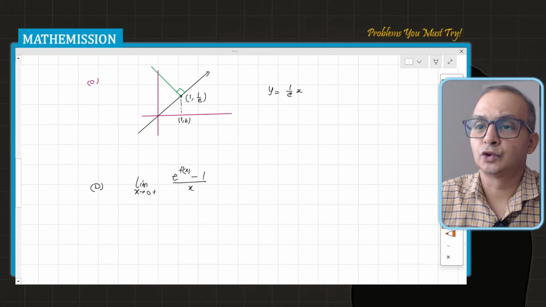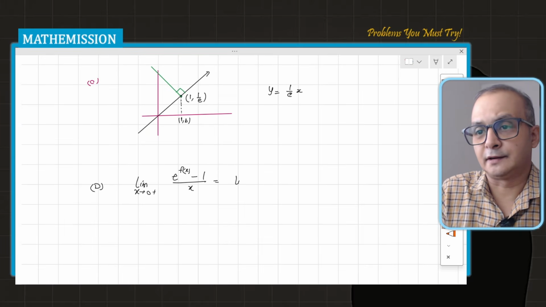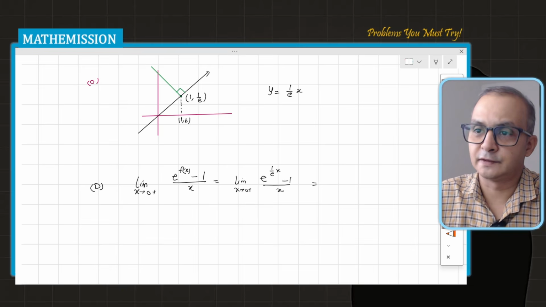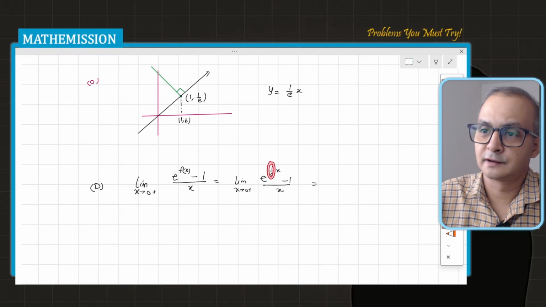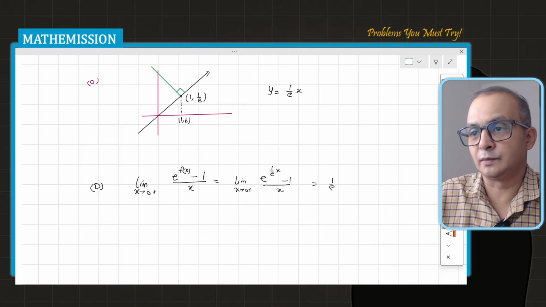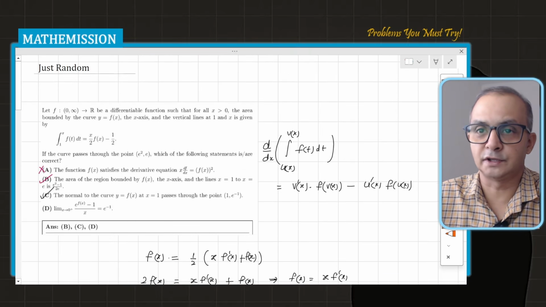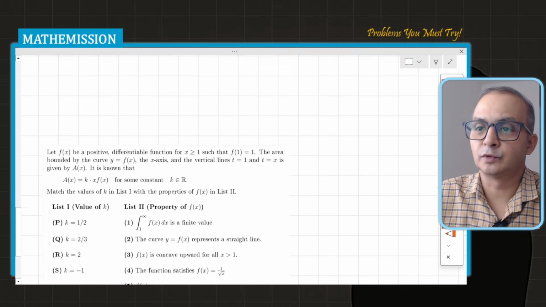Yes, so we substitute: limit as x tends to 0⁺ of (e^((1/e)x) − 1)/x. This is the standard format of the limit, where there is a k value. So (e^(kx) − 1)/x tends to k, which is going to be 1/e. So B, C, D, all the options are correct for this question. Let's move to the next question.